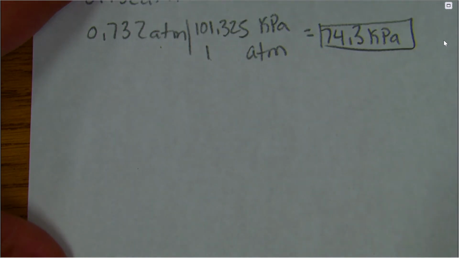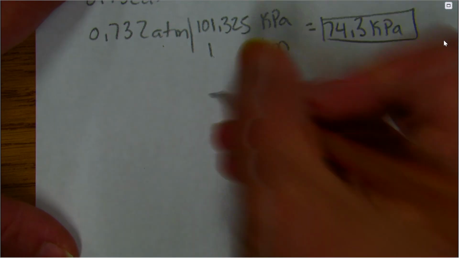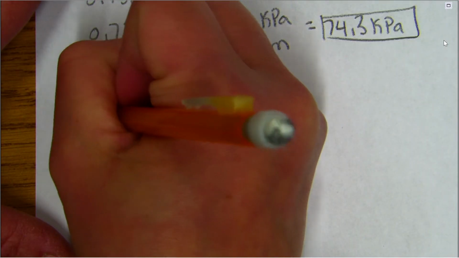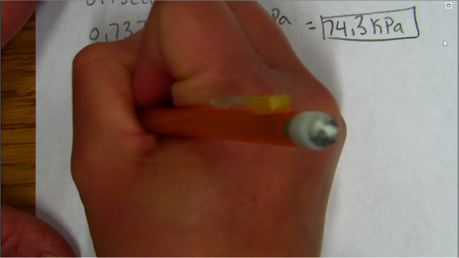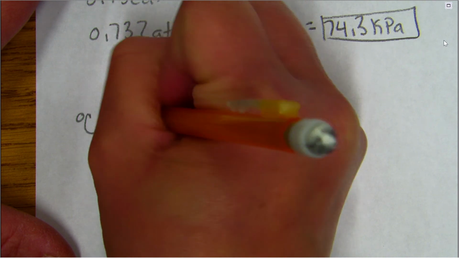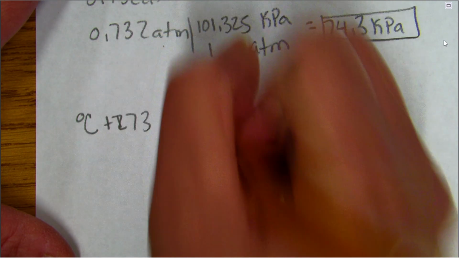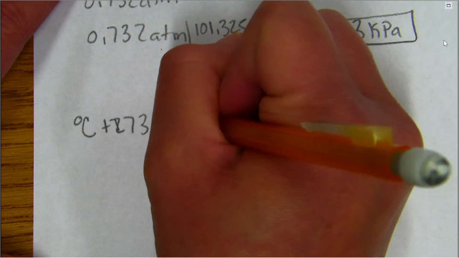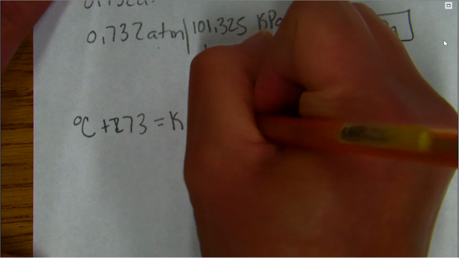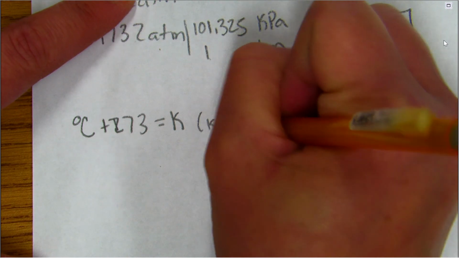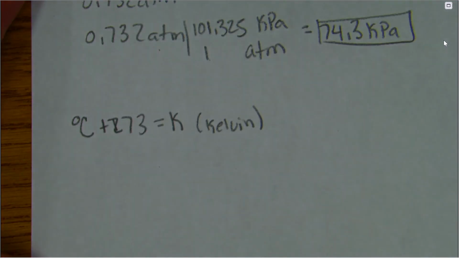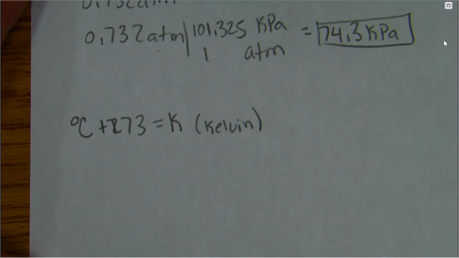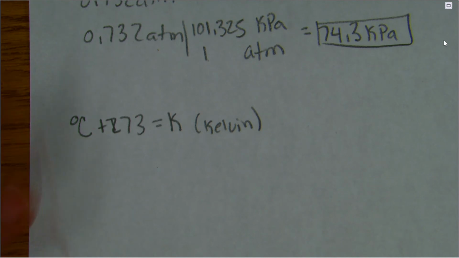On this same worksheet, we also learn how to go from degrees Celsius into what we call Kelvin. All right, so degrees Celsius plus 273 is K, and K stands for Kelvin. Now, Kelvin is going to be how we measure temperature when we do gases. All right, and Kelvin has no number below 0.